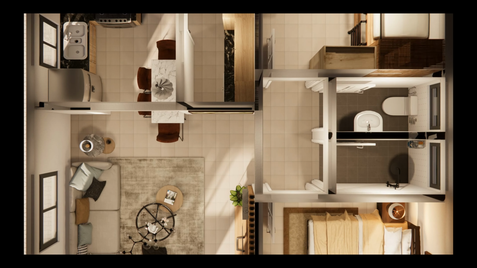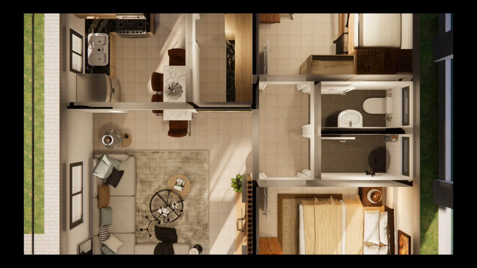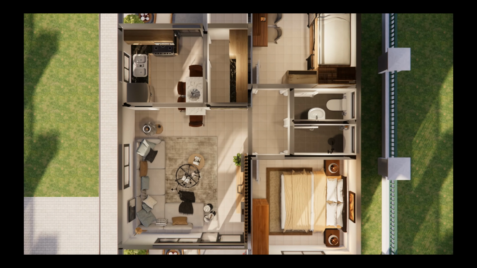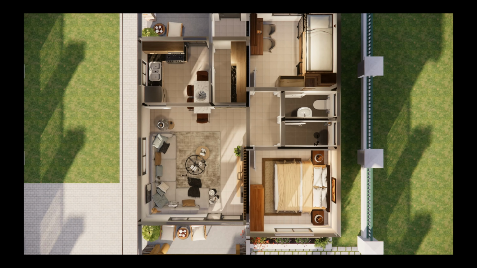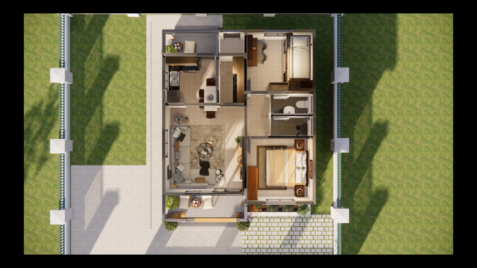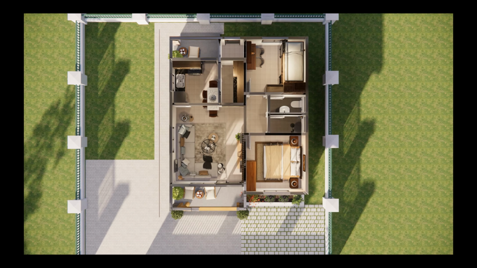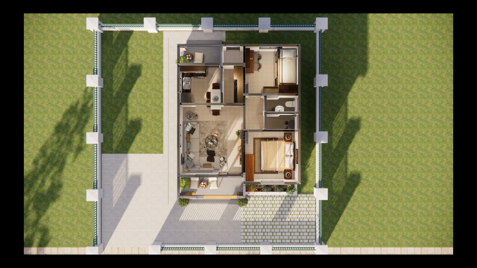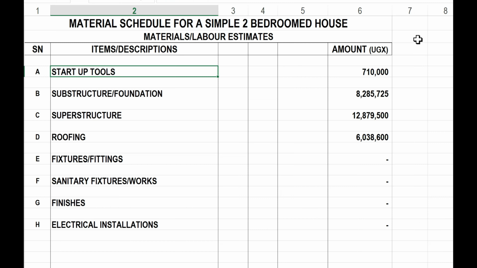And here is our 3D floor plan, and it stretches up to an extent whereby you can see the paved area where you can park, and a green area where a compound can be created, an access road, and the boundary wall. Here is the summary of the material schedule for this 2-bedroom house design idea.